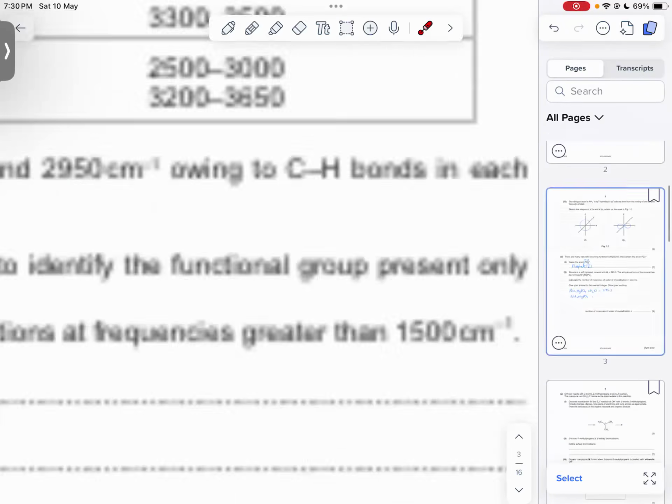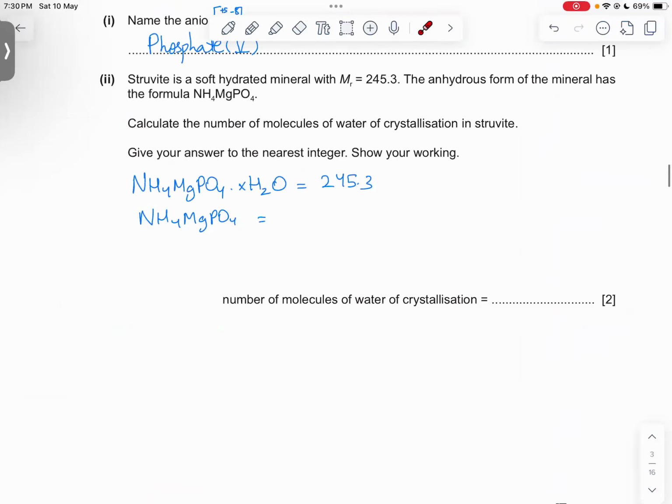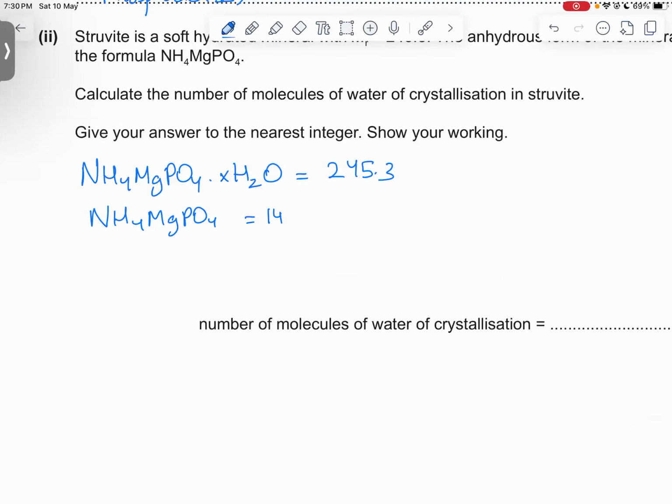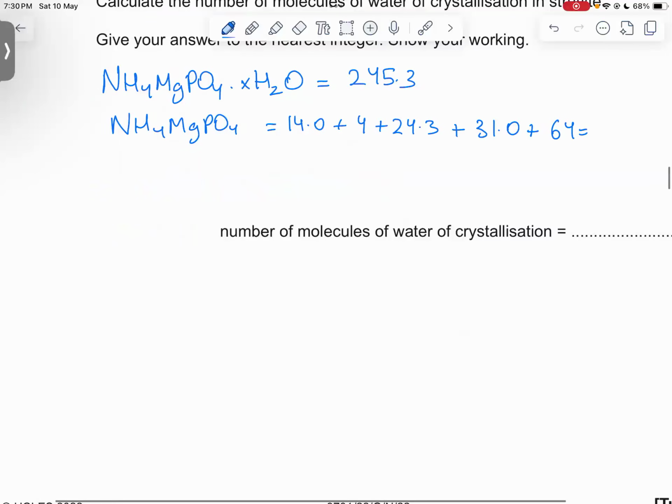So let's just calculate the mass of NH4MgPO4. This is 14.0 plus 4 plus 24.3 plus phosphorus is 31.0, and oxygen is 4 times 16, which is 64. 4 oxygens, 1 oxygen is 16, so 4 oxygens should be 4 times this, right?